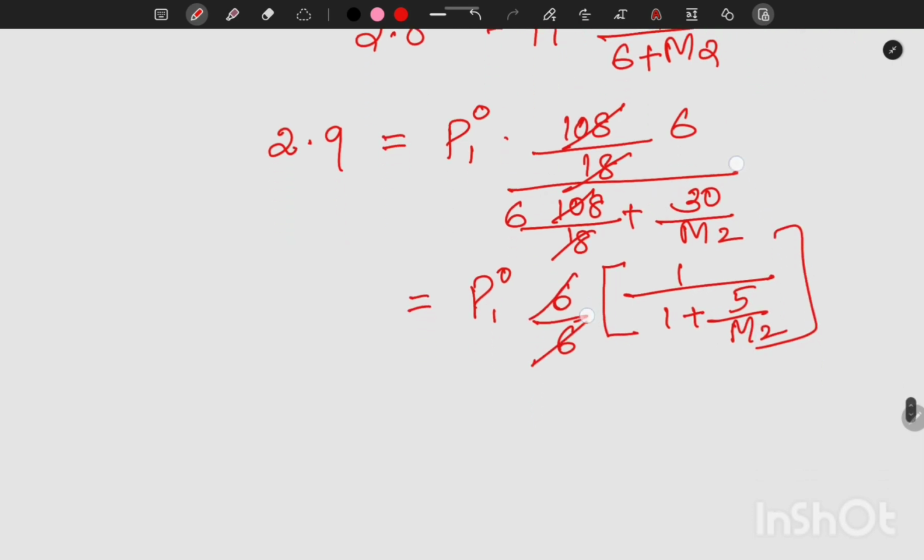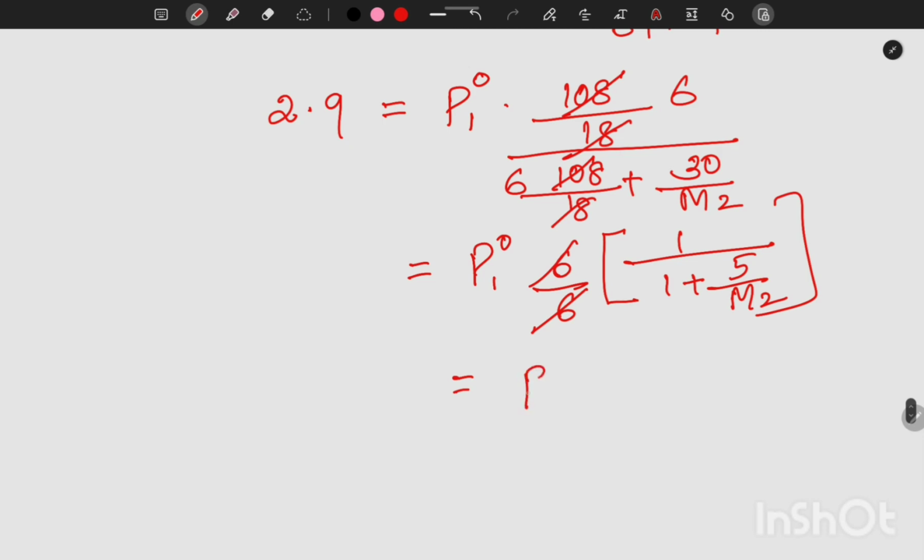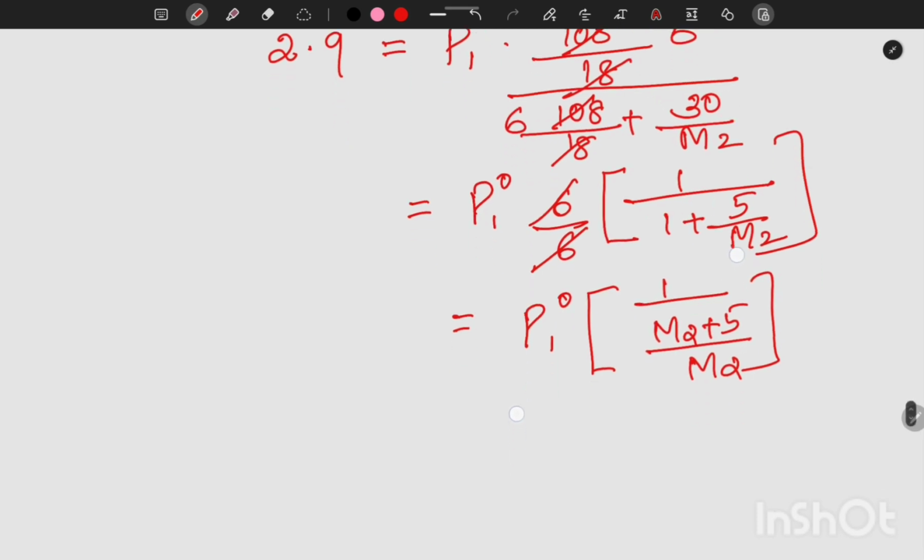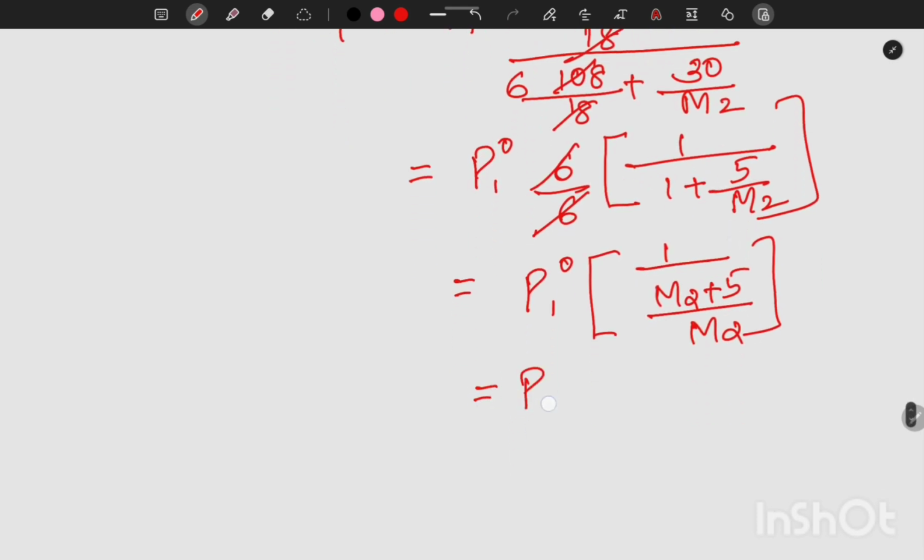6 we can cancel. That is equal to P1⁰ into, when we take the LCM, 1 by M2 plus 5 by M2. That is equal to P1⁰ into M2 by M2 plus 5. So 2.9 is equal to P1⁰ into M2 by M2 plus 5.